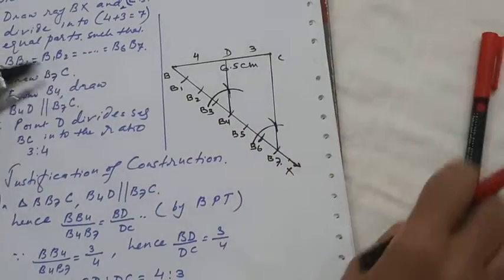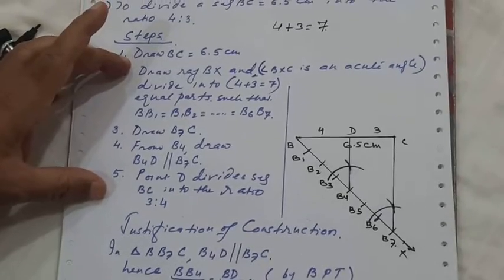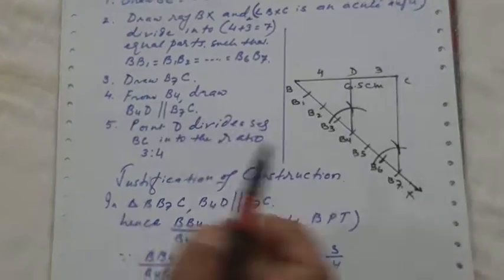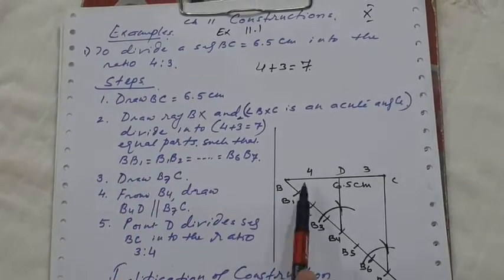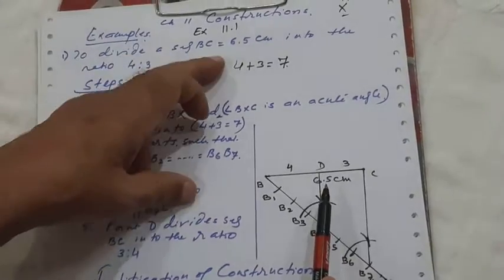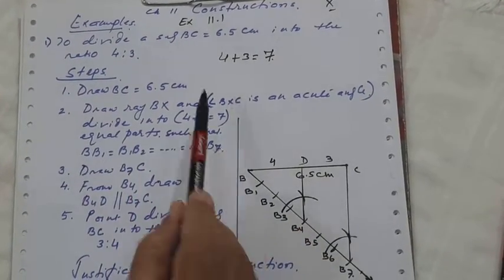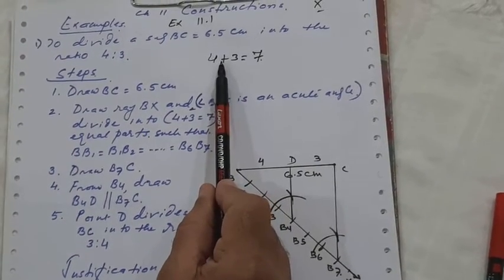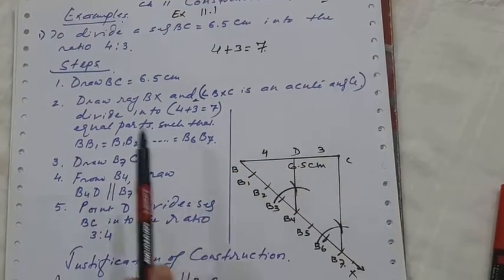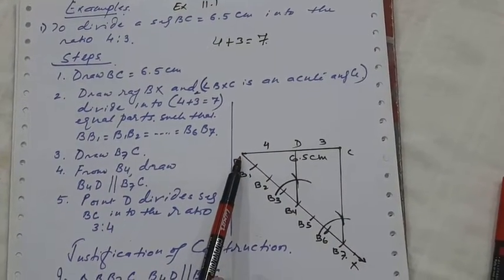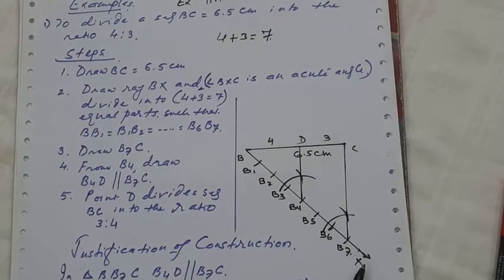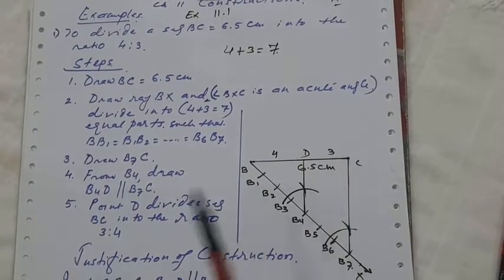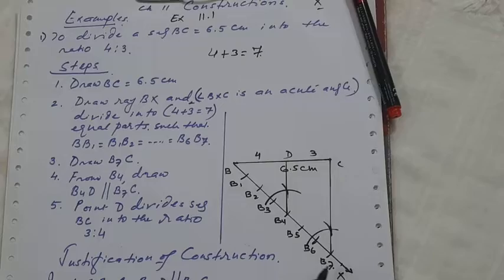Now these are the steps written here for construction. In the examination, no need to write steps. This is for your explanation. Let us see again. First, draw segment BC 6.5, whatever the distance is given. Now we have to divide it in the ratio 4:3. So total we have to take 4 plus 3, 7 parts. So from B we have to draw one ray and divide this ray into 7 equal parts, that is B1, B2 and so on up to B7.